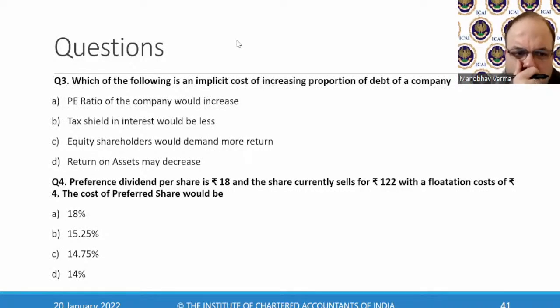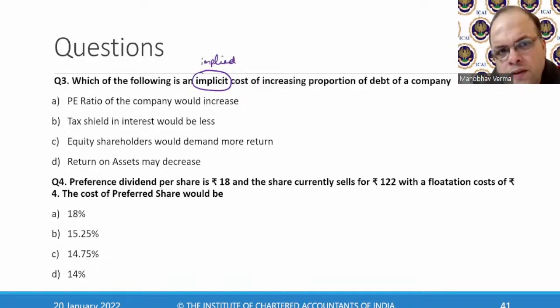Implicit cost. I believe everyone understands, implicit is implied. So what should be the answer for question number 3?